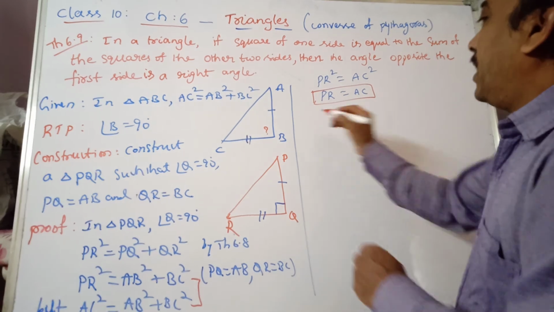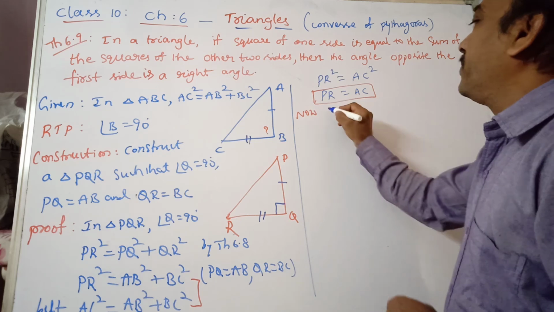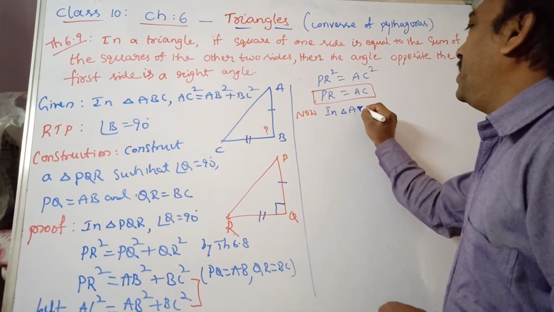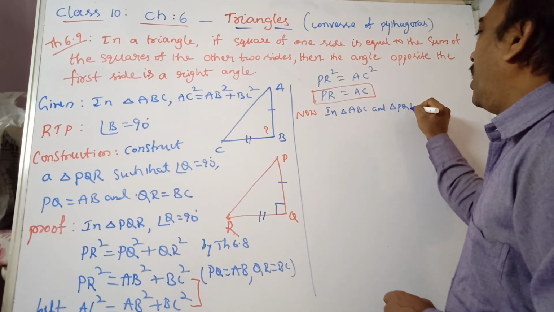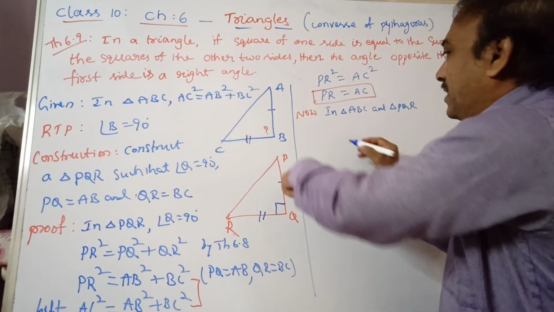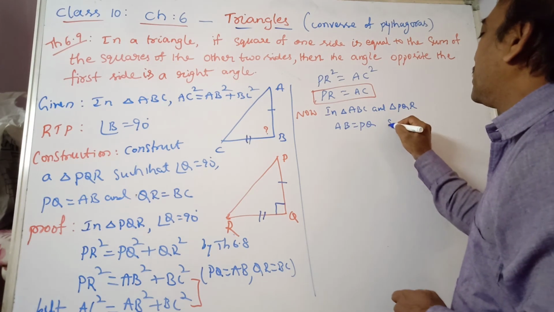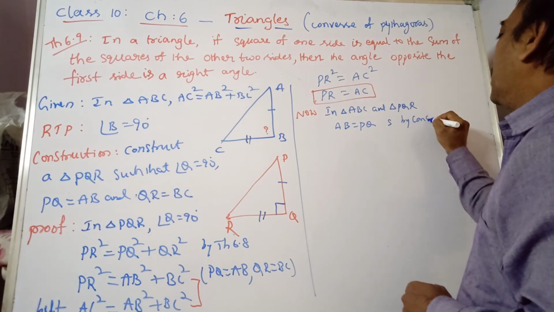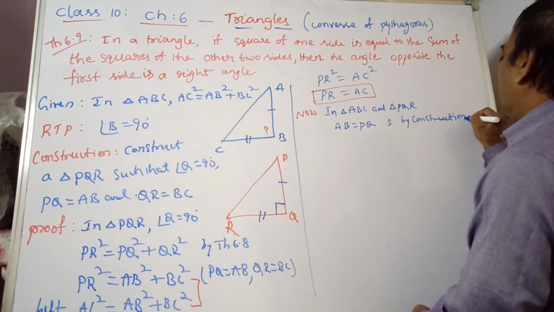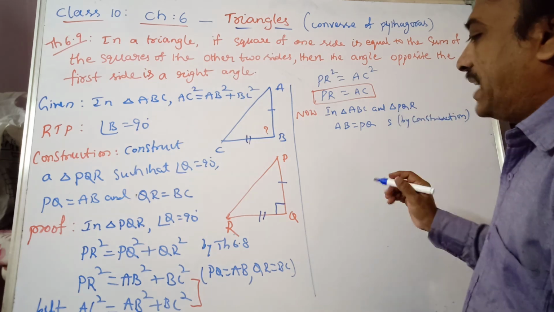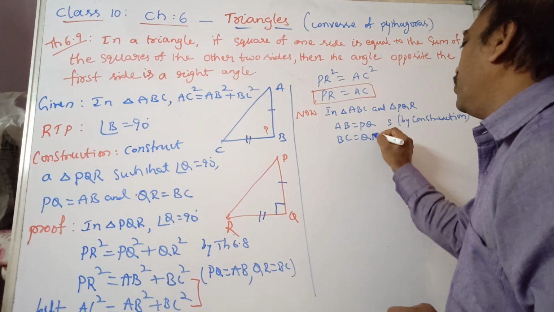Now in triangle ABC and triangle PQR, AB is equal to PQ. This is a side by construction. Next, BC is equal to QR.